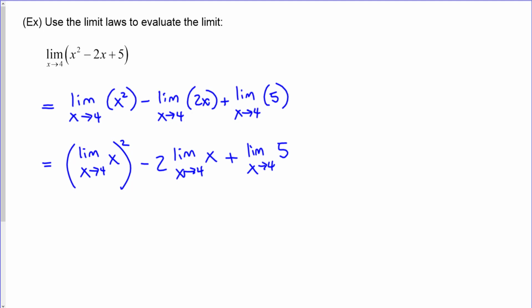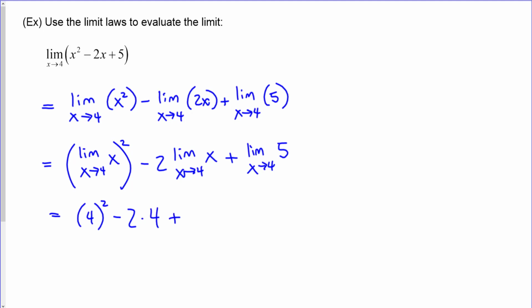Now we've gotten all of these down to those two limits that were guaranteed to always exist. So the limit as x approaches 4 of x is just 4. Then 2 times the limit as x approaches 4 of x is just 2 times 4.